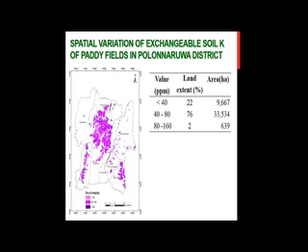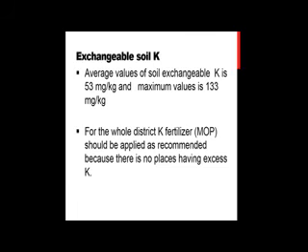When the available soil potassium level is below 160 ppm, we have to apply potassium fertilizer for that soil. The average value of soil exchangeable potassium is 53 and the maximum value is 133.